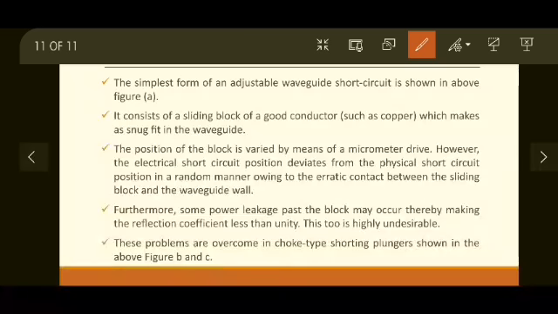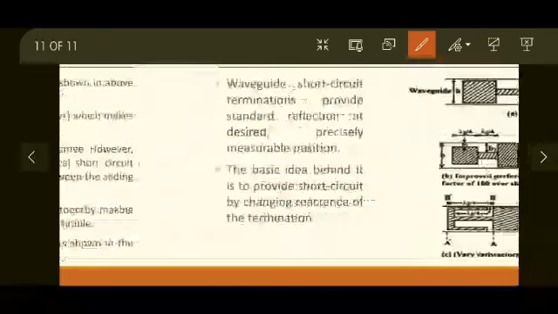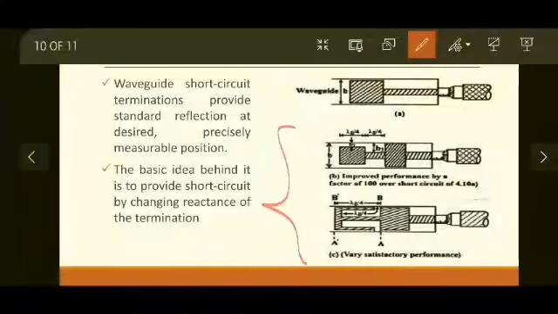This is also undesirable. So these problems can be overcome by using choke type shorting plungers as shown in figure B and C. So figures B and C are choke type shorting plungers.